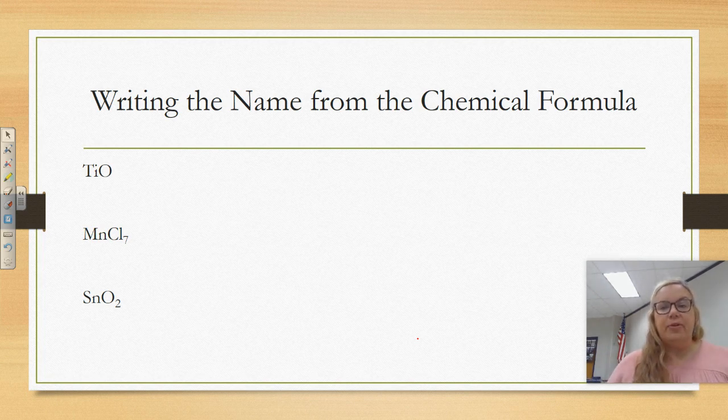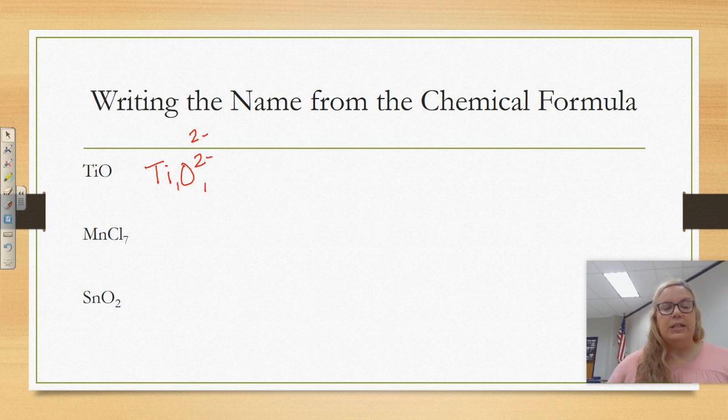Now here's the part that's a little bit tougher. We have to write the name from the chemical formula. And the hard part is we have to determine what the charge is on our transition metal. So if I have TiO, the first thing I think about is what do I know here? And I know the charge on oxygen is always a 2 minus charge, but I don't know the charge on titanium. So I have to think through this. If I have 1 oxygen at a 2 minus charge, then overall I'm going to have a 2 minus because 1 times 2 minus is -2.